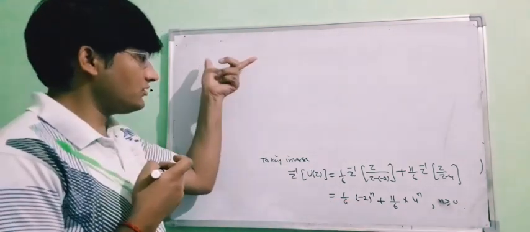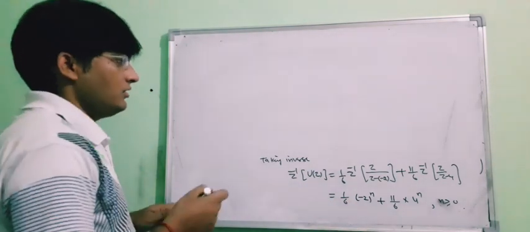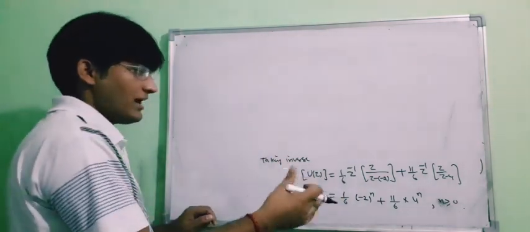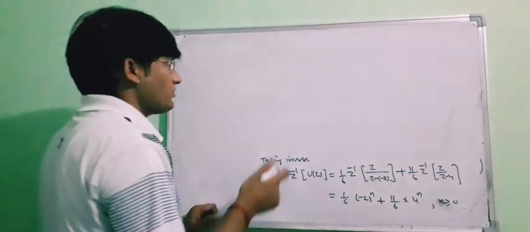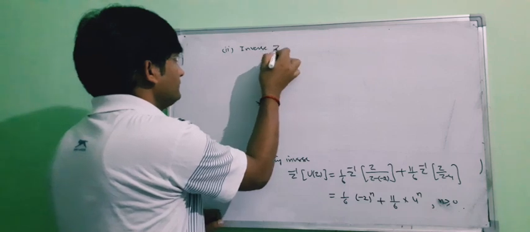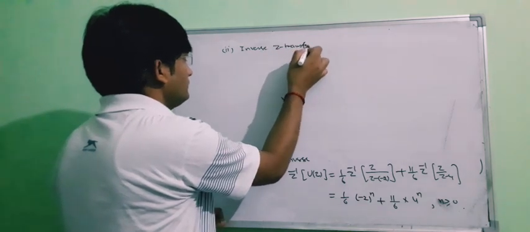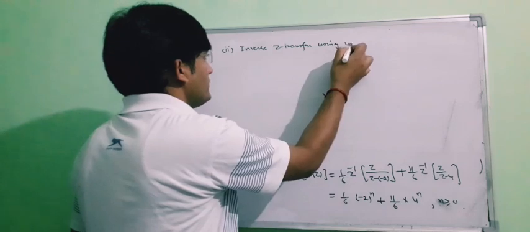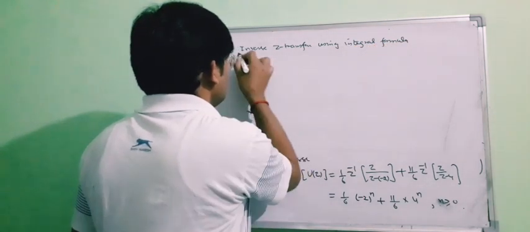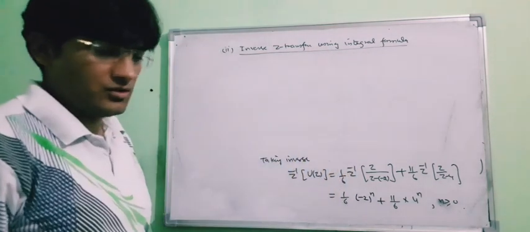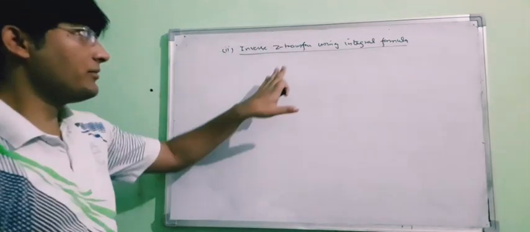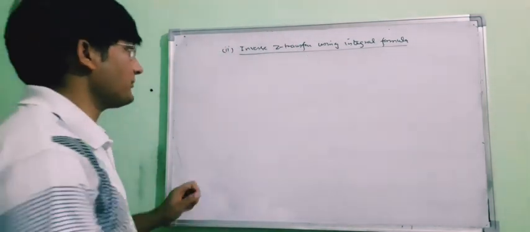So I am using the residue theorem for the inverse z transformation, that is, the inverse z transformation using the integral formula. I am using this integral formula because it is quite easy to operate, so we will try to solve the maximum questions with the help of this method.